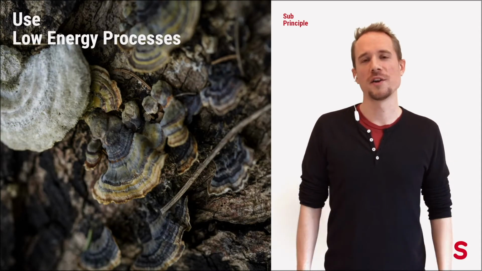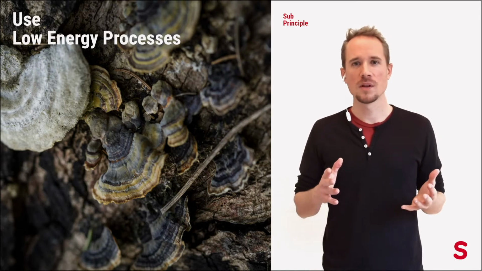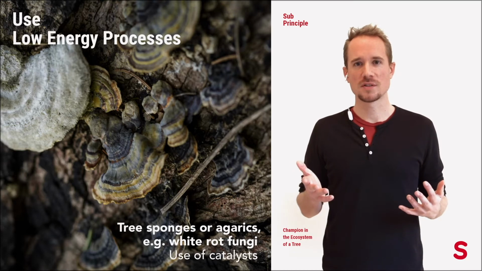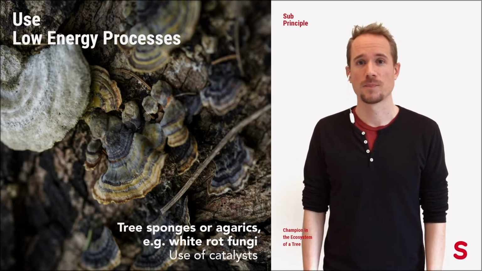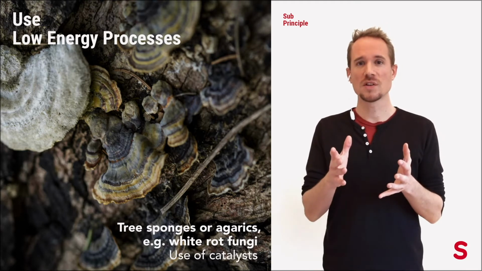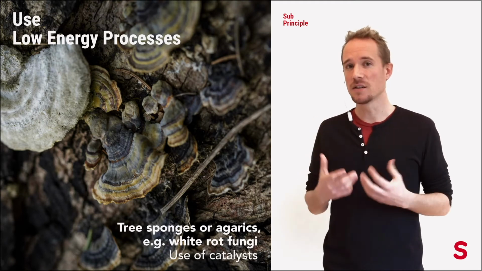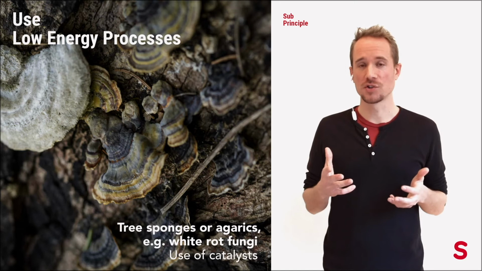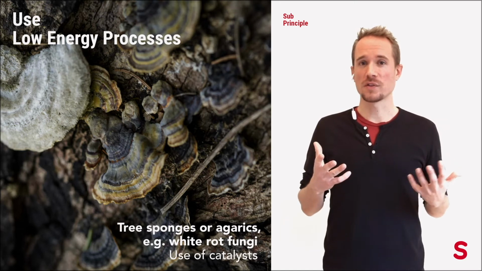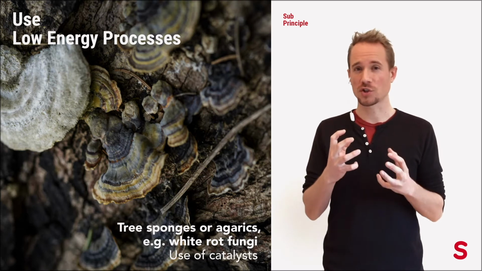Use low energy processes. Our example for this principle is the tree sponges and their use of catalyst enzymes. So tree sponges are fungi that are able to digest and eat wood, something that not many organisms on this planet can do. Wood is a very, very strong structure.